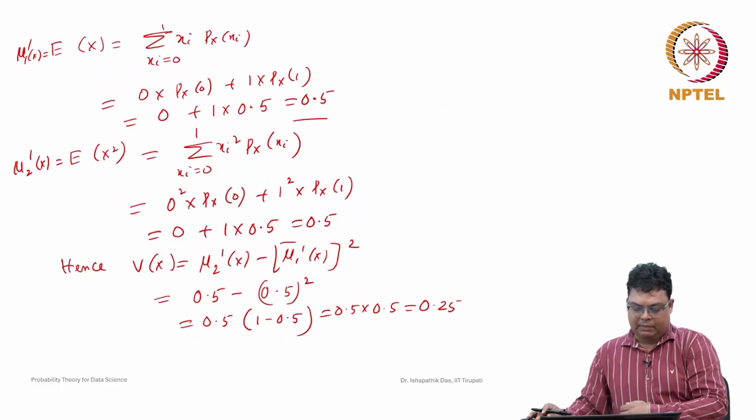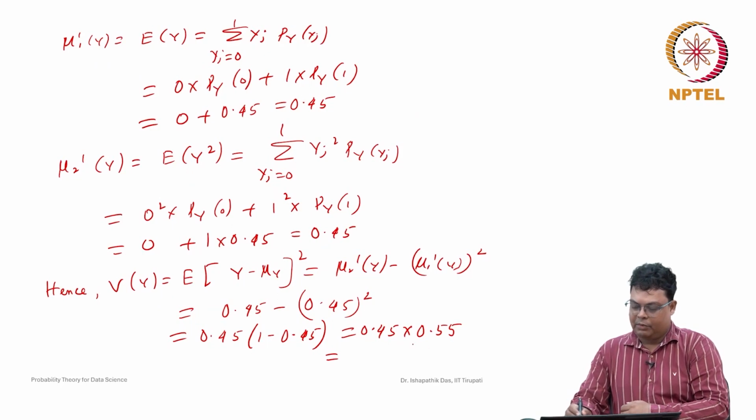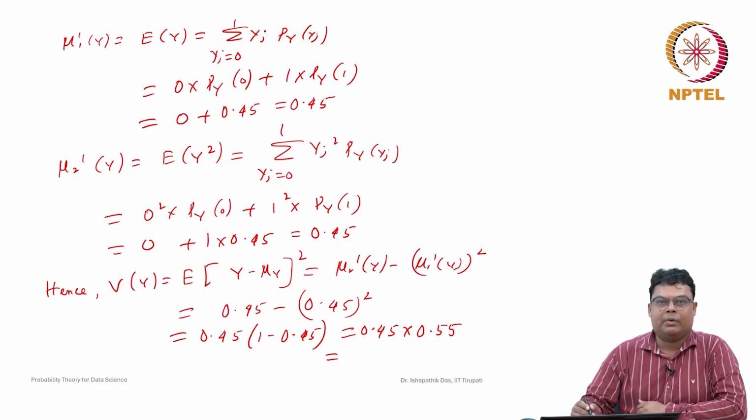Variance of y we did not compute actually, so we have to compute it. If you use a calculator, you will get 0.45 into 0.55 equal to 0.2475. This is the variance of y.